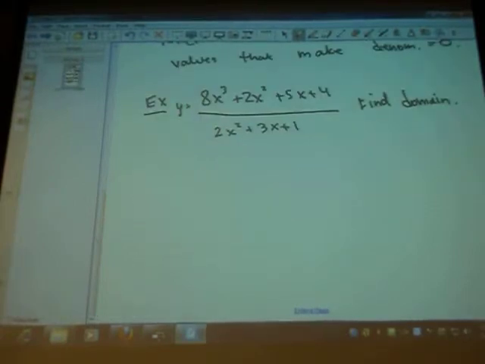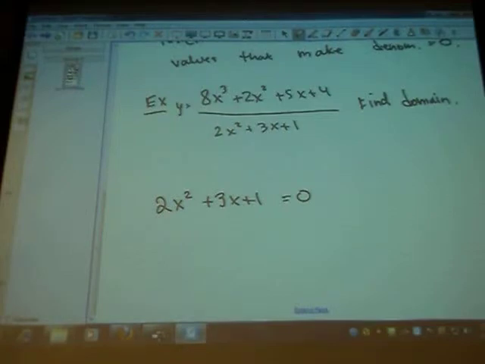Okay, so for the domain, you do not care about the numerator. You don't care about it at all. You only care about that denominator being 0. So let's take our denominator, set it equal to 0, and solve for x. Now, how can I solve this for x if it's a quadratic? You can factor it.